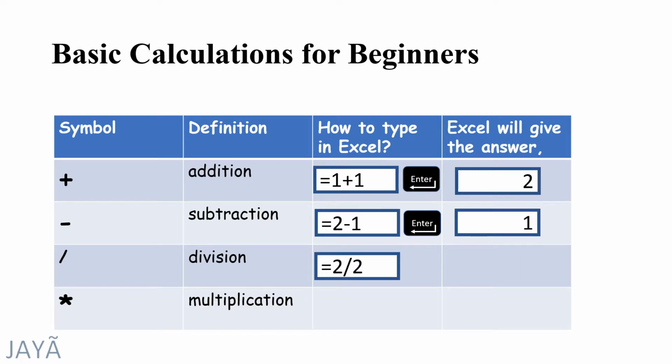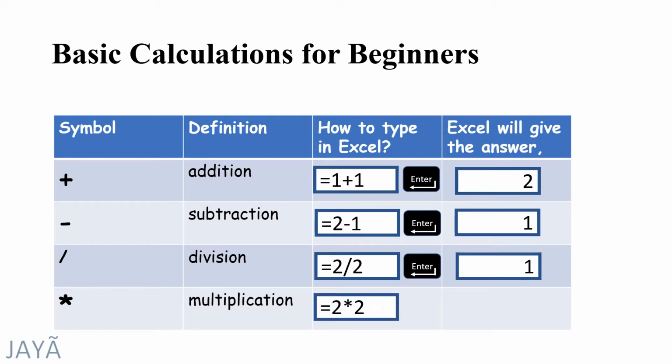Type equal 2, remember backslash, and 2. Hit enter, answer will come. Similarly, multiplication. For example, equal 2, asterisk mark, and 2. Press enter and you will get the answer 4. Now you know the basic symbols used in Excel formulas and how Excel does its calculations.